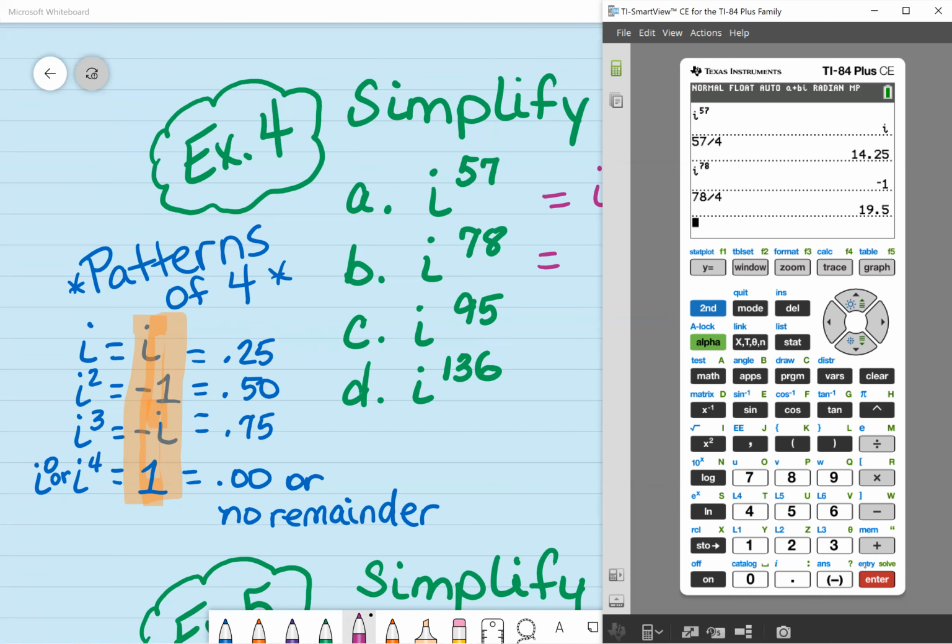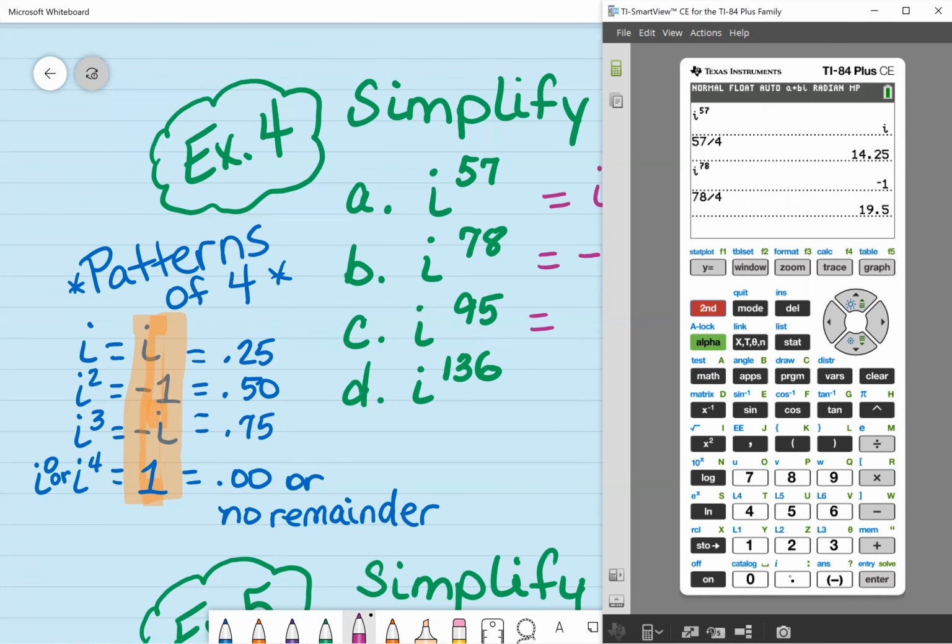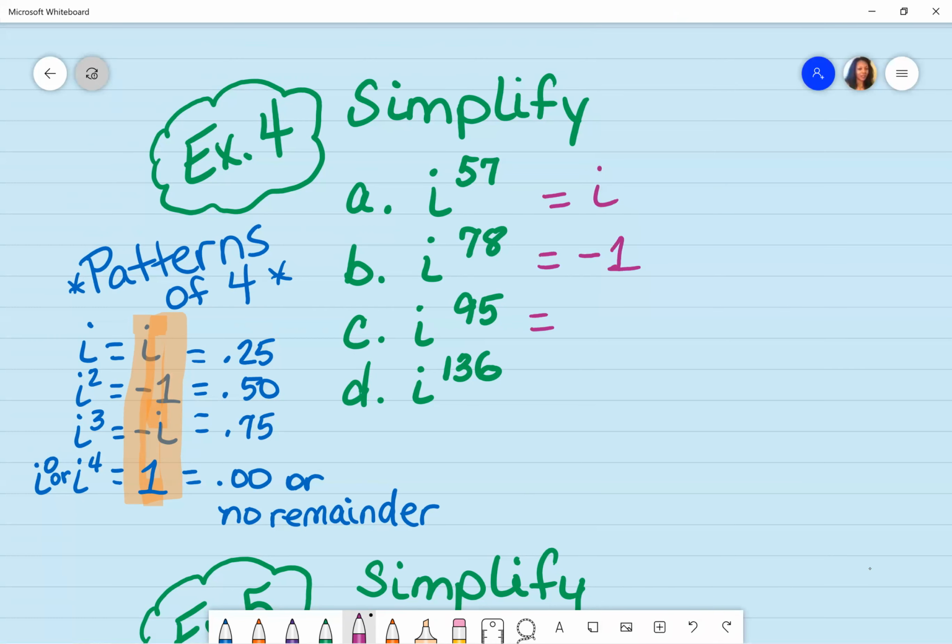It's still -1. If I go to second and then my decimal, raise it to the power of 95, this calculator tells me it's -i. If I took the exponent 95, divided it by 4, because it's patterns of 4, I see my decimal portion is 0.75, which is still -i. So you have options. There's more than one way to do this.